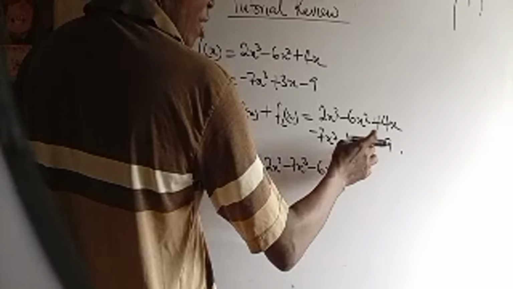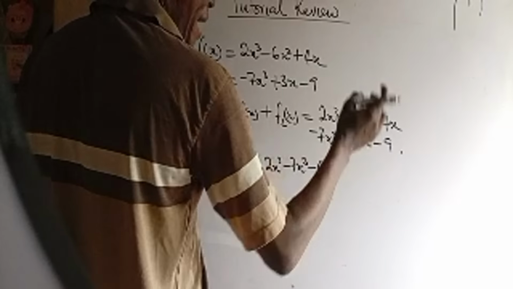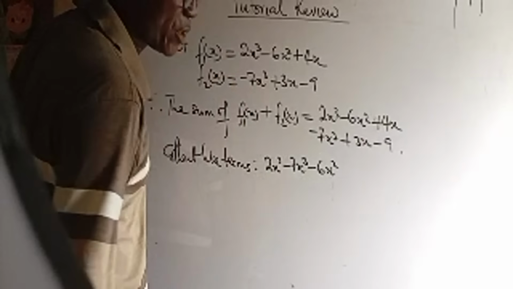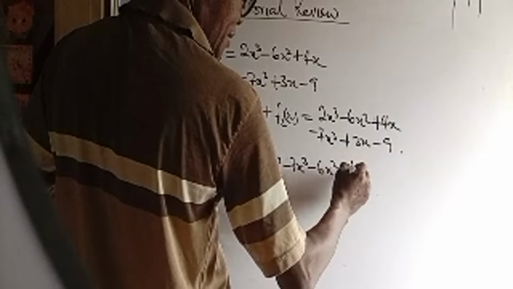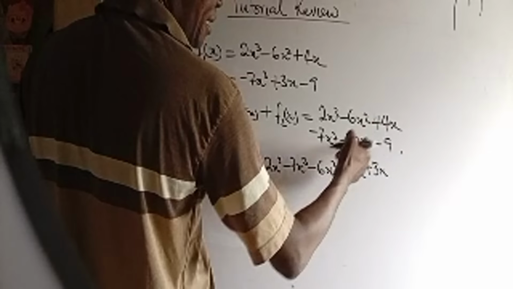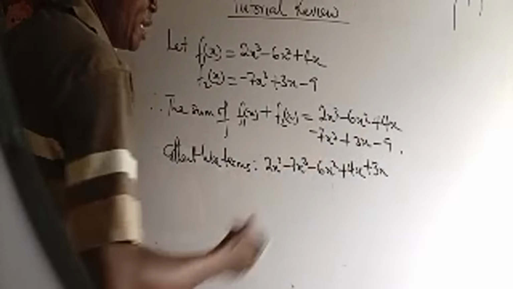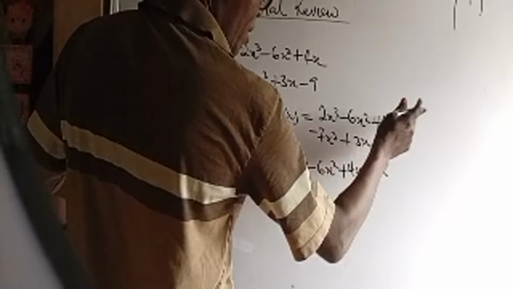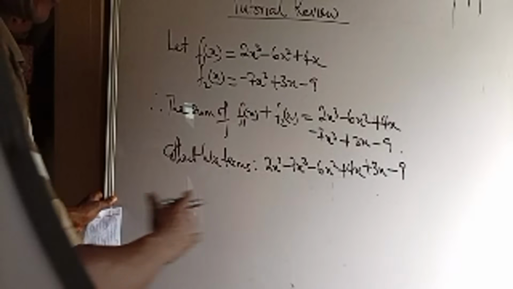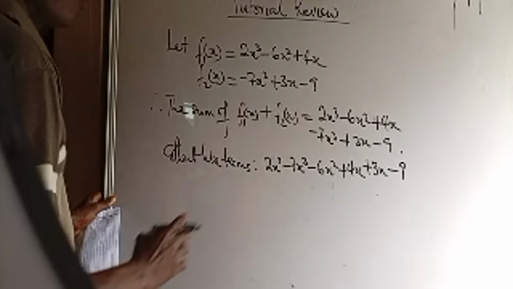Unfortunately, the second polynomial does not contain x squared, so we move on. Then we don't have anything to add to 6x squared. Then plus 4x plus 3x, because we have x in the two polynomials. Then this one does not contain a constant, so we have minus 9. So that's it. We are adding directly, addition of two polynomials.